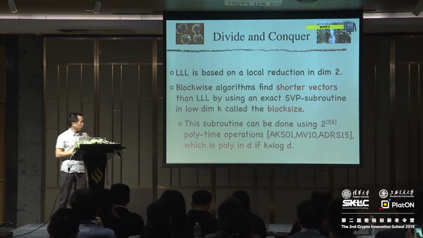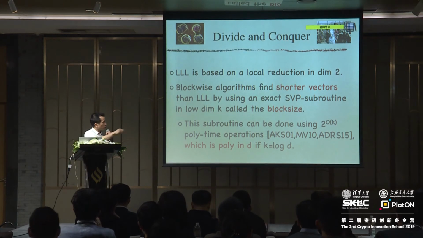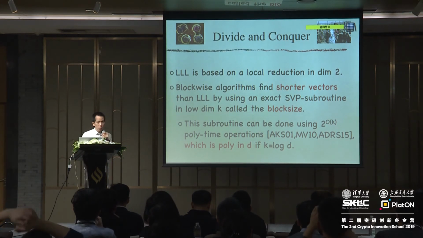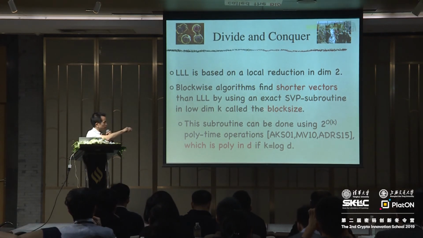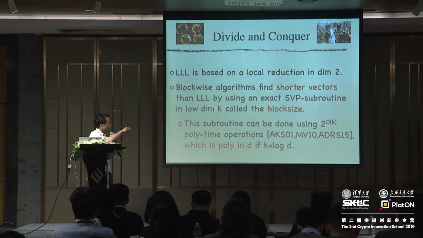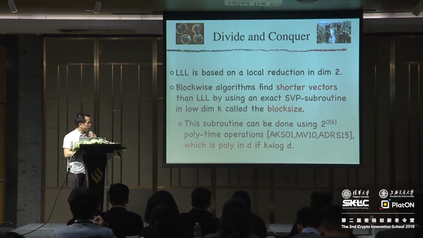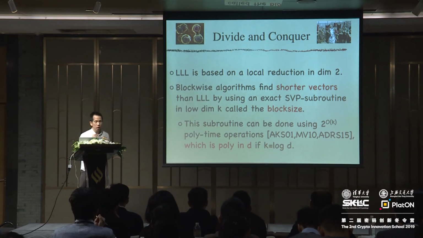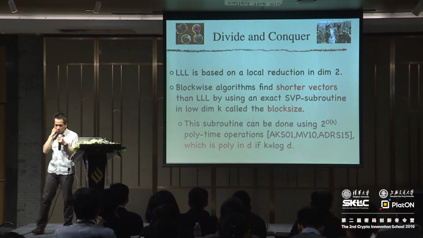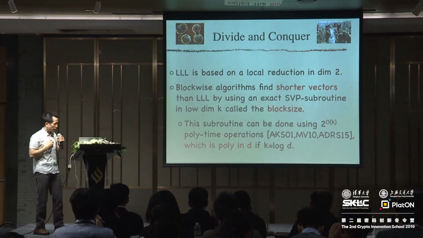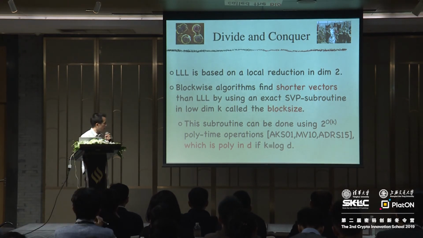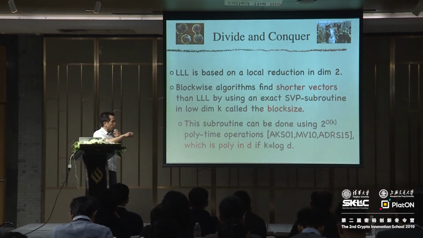Typically, instead of working in dimension 2, you're going to work in a block size dimension. And then you're going to find short vectors in these small, low rank lattices and use this to find shorter vectors. So essentially what you want to do is reduce the approximate case to a lower rank case.